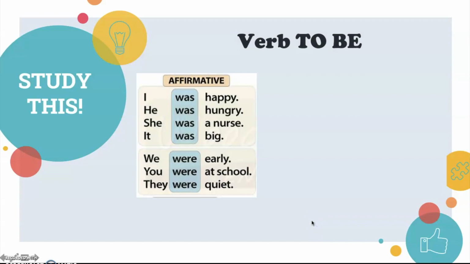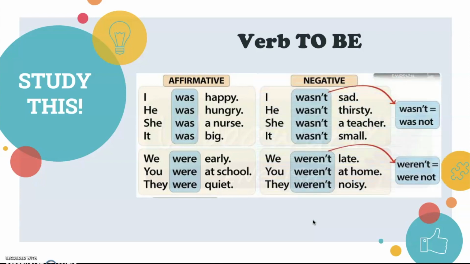So we are going to start remembering how we make sentences using the verb to be in the past. As you can see here, the verb to be is divided in two, was and were. When do we use was? When we have the subjects I, he, she, and it. And we are going to use were with we, you, and they.